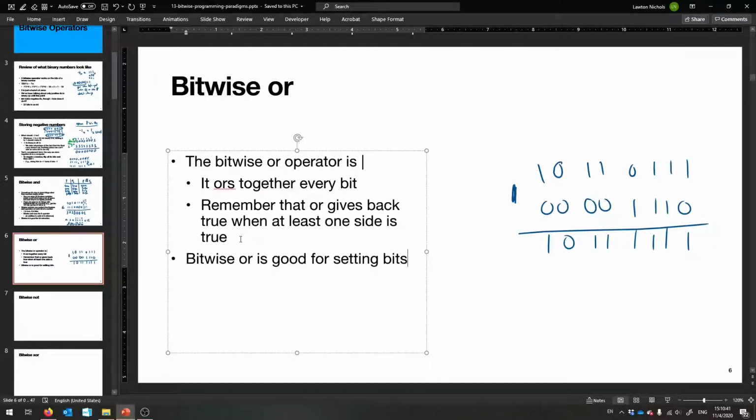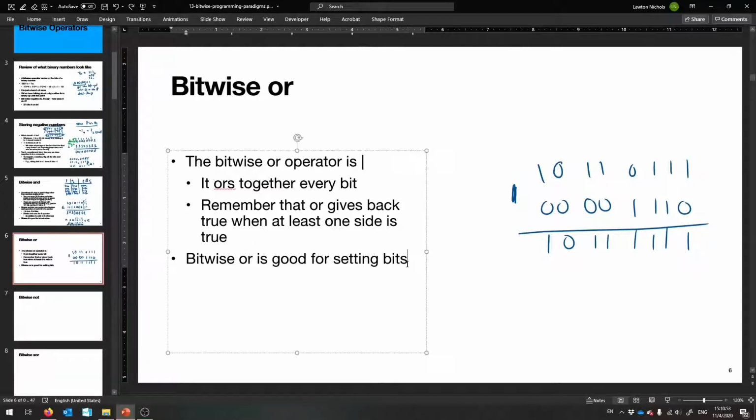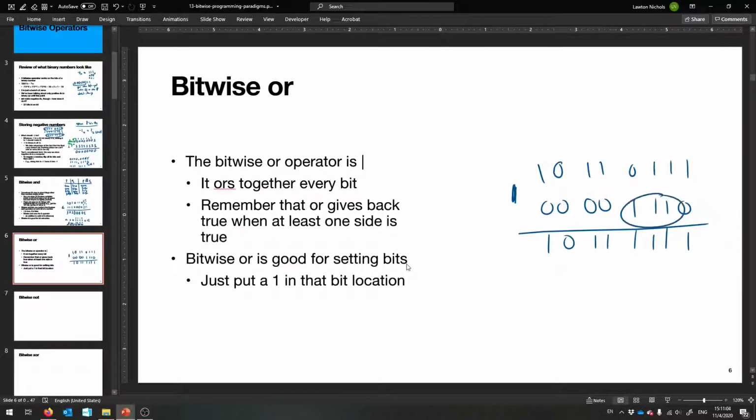Like maybe bit 3 was, I don't know, game over. And now it's true because you lost the game, so we're going to set that bit. Okay, that's the idea. Because when you OR by something, it's always going to be true. Just put a 1 in that bit location. So build up a number with 1s in the spot that you want to set.